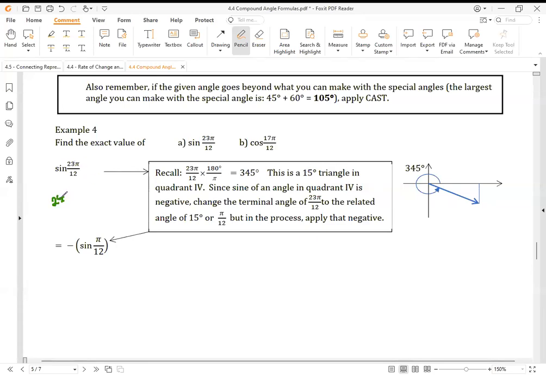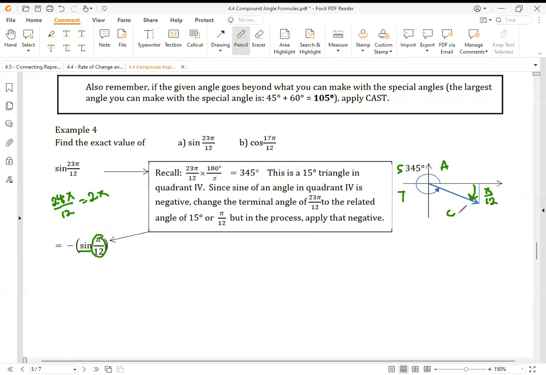Remember, just from fractions, 24 pi over 12 is 2 pi, right? So this is just under a full rotation. If you know this to be pi over 12, using CAST rule, C-A-S-T, you can use your acute related angle and rewrite this as sine of the acute related.